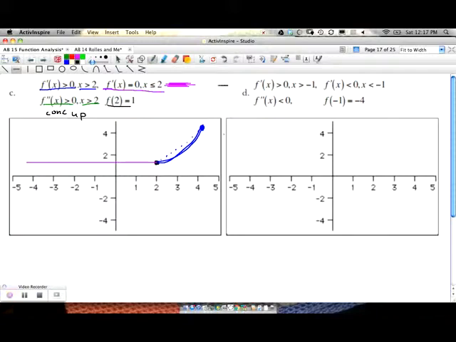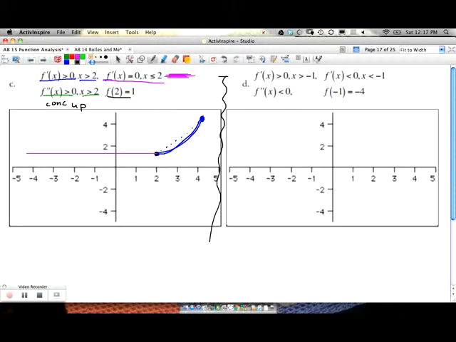Let's look at part D. So a couple of things happening here. First thing I see is this is concave down. It's less than 0, so we're going to be concave down. Sad face the whole time. And let's see, which one of these is increasing?